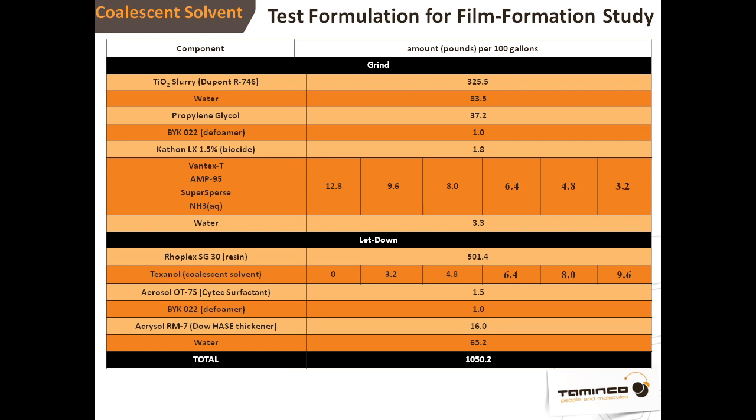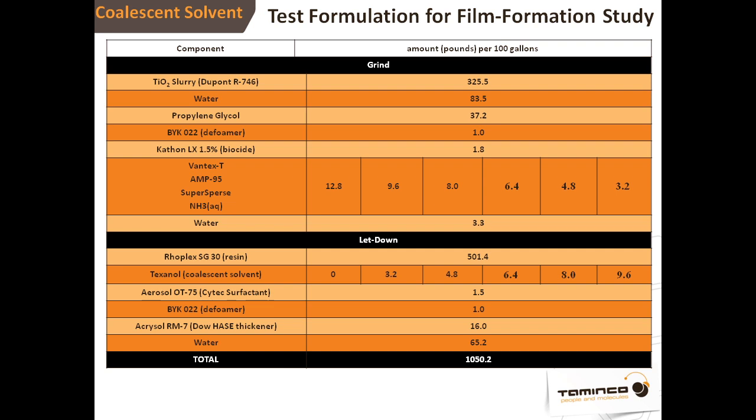Again, this is a very simple paint with a DuPont titanium slurry, propylene glycol antifreeze, standard defoamer, biocide, etc., Rohm and Haas acrylic resin, a little bit of Texanol in some cases, surfactants, etc. The variable in this latter study was the combination of the amine and the Texanol.